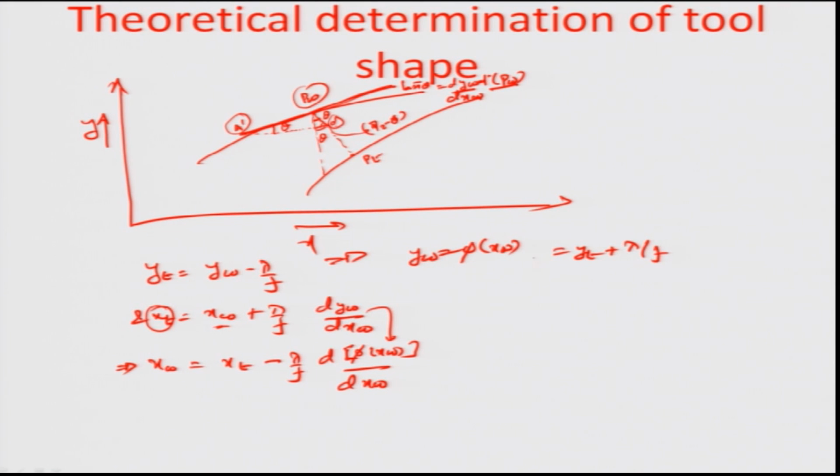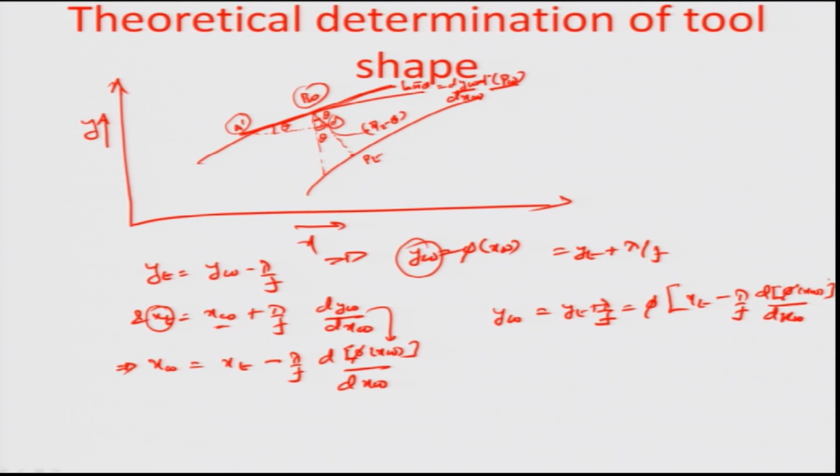So, obviously then the yw, which is a function of the xw, can be written as yt plus lambda by f equals phi of the new value for the xw, which is xt minus lambda by f d phi xw by dxw.